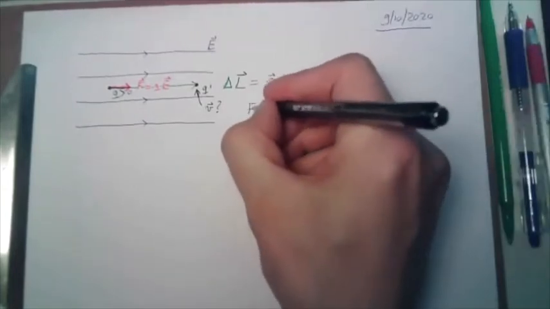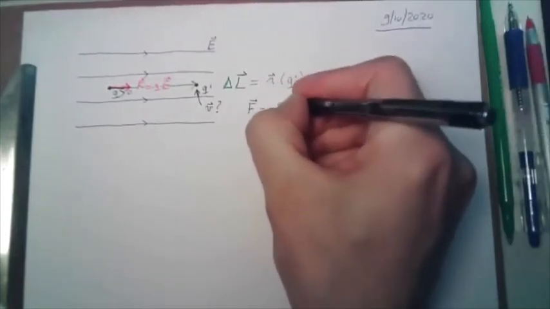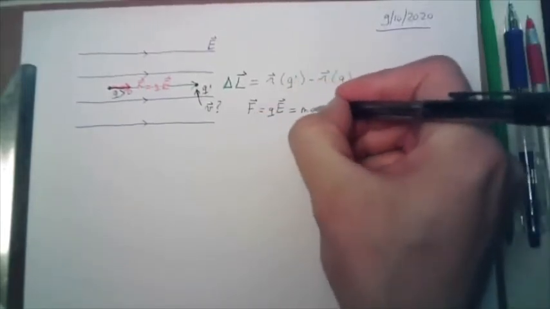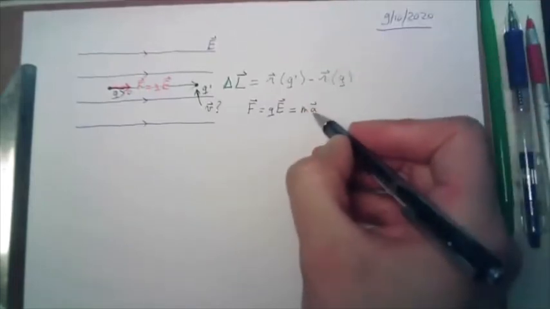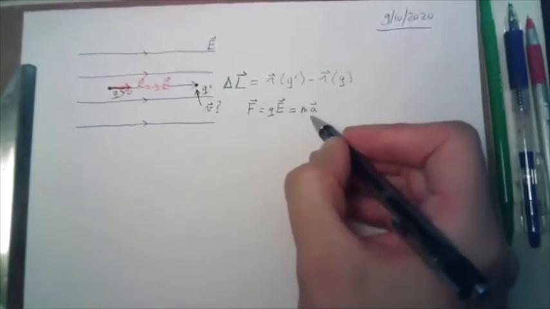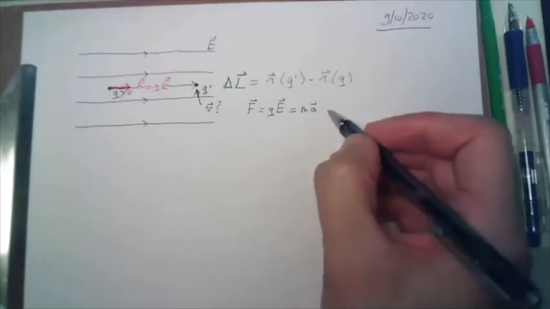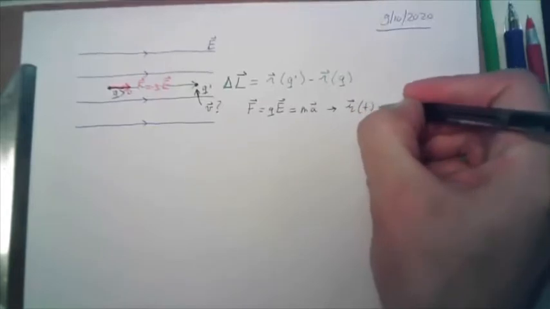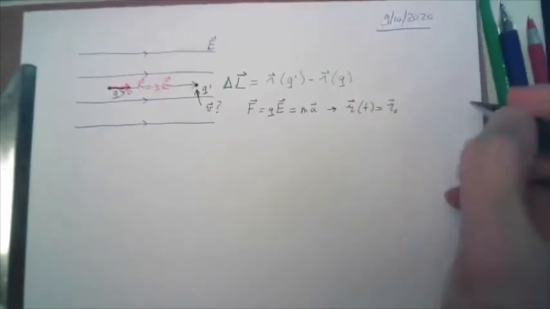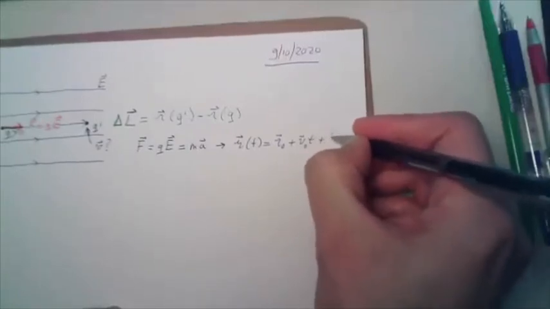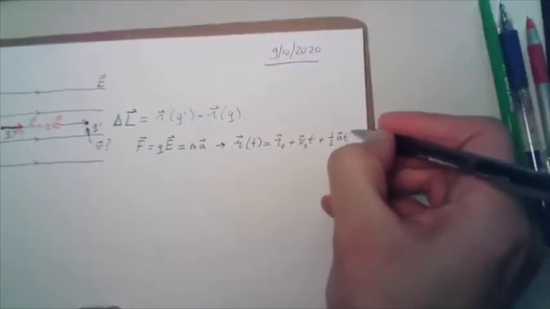There's an F QE, and that's going to be m times a, and because this acceleration is the same everywhere, you can just ascribe a single number to the acceleration, and then you apply that to your kinematics. R of t is R naught plus V naught t plus a t squared over two.